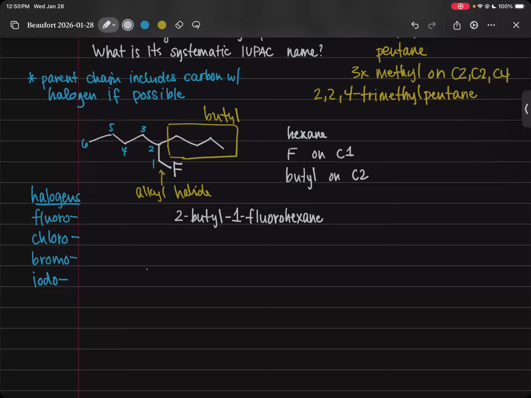But if we had, for example, this molecule, we don't have to worry about the longest chain not being the parent chain. So this would be 3-bromopentane.